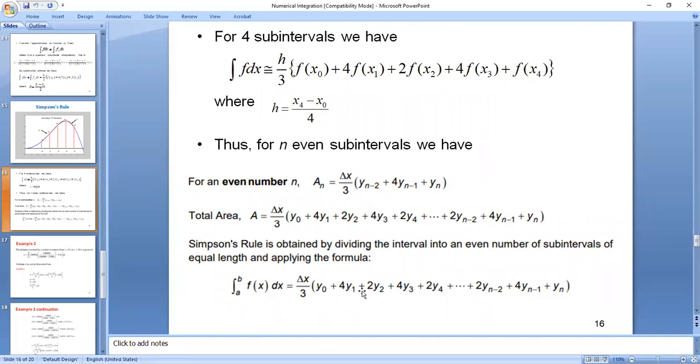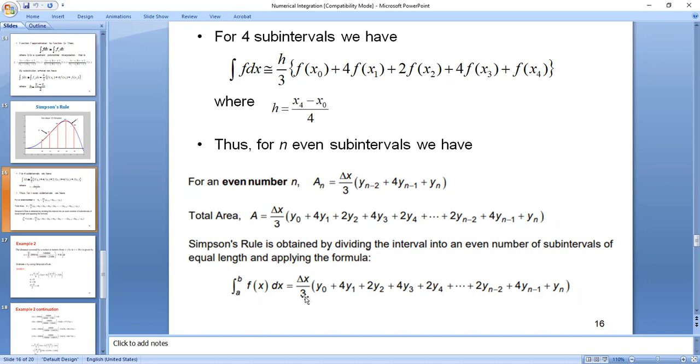So this time you alternate already: 4, 2, 4, 2, 4, 2. Your increments will be this one. If it's 4, then this will be your increment. If it's 5, no 5 because it's odd. If it's 6, you just change this to 6. And that's how you're going to increment your y's here, starting from the lower limit.